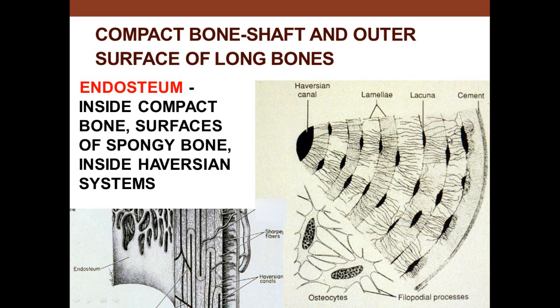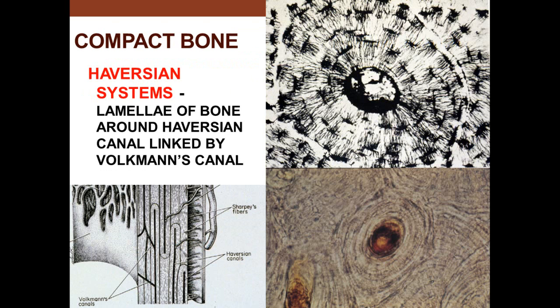You have a hole, and then cells are added by appositional growth, one layer at a time. These are older cells, and this is also called the endosteum. The endosteum is inside the Haversian system, developing it, laying down one layer, another layer, another layer. It lays down the layers on the inside as opposed to the outside. So it's just the opposite of a tree.